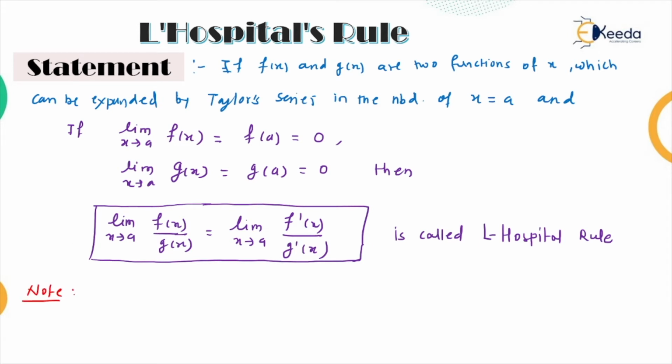There is one note, guys. We use the L'Hospital rule when we get the indeterminate form 0 by 0 or infinity by infinity.